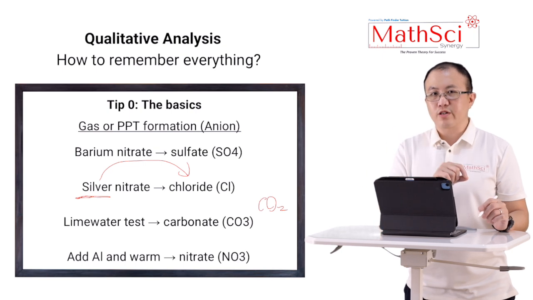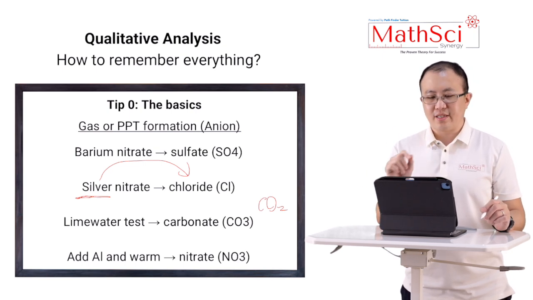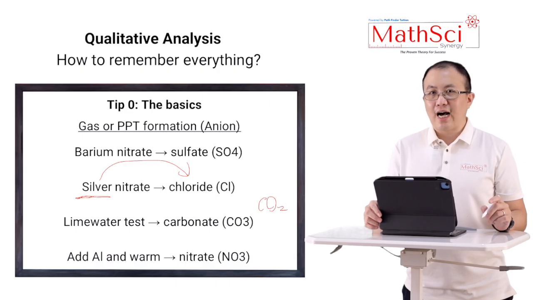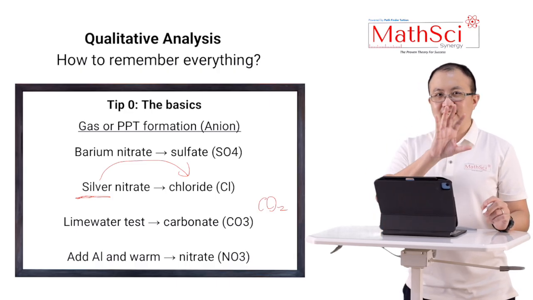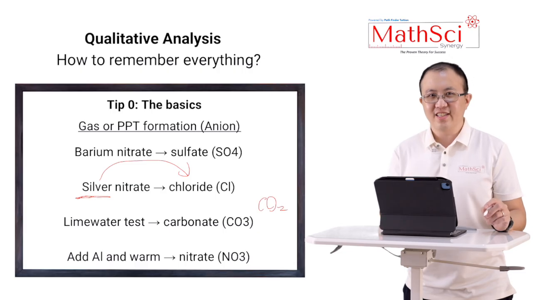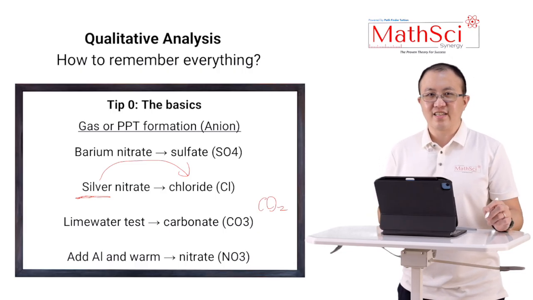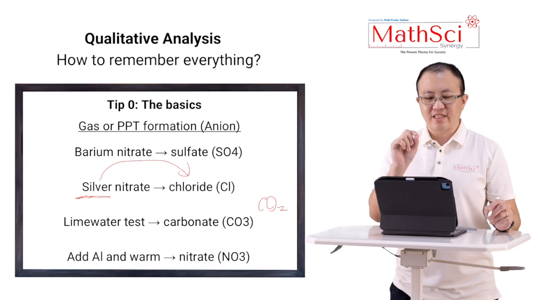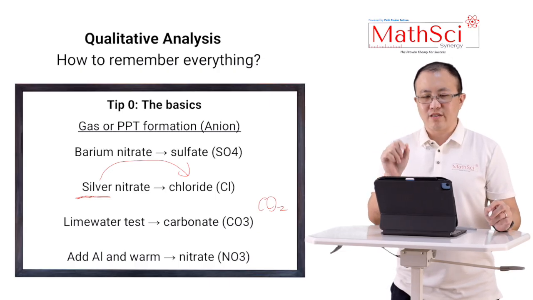So if there's a lime water test, you might be looking at carbonate. And the last one: if you add aluminium and warm, just look at the entire question and see whether this is present. If this is present, then very likely you're looking at nitrate ion. So these are the very characteristic things that you add and what you're looking out for.